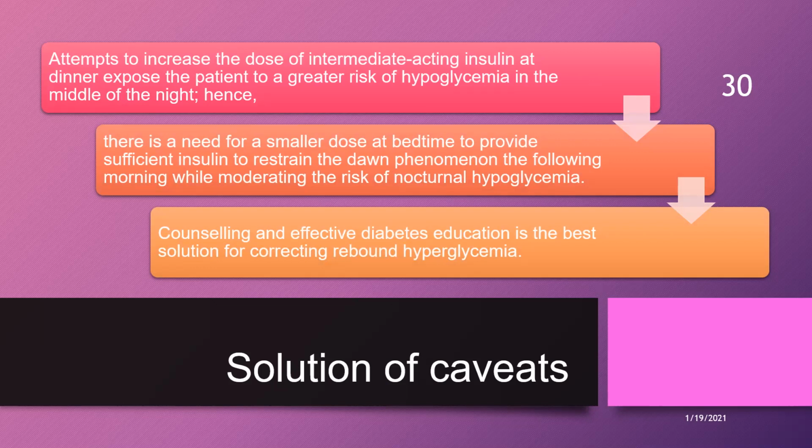Although dawn phenomenon would require more insulin, but why do you want to increase the 30% requirement when the patient can take the insulin at the right time and can actually overall give an insight into why the glycemic control is deteriorating? Whereas for the Somogyi effect, you don't want any risk of hypoglycemia during sleep. So it's all about counseling and educating the patient, talk with the patient, try to dig out the solution through communication.